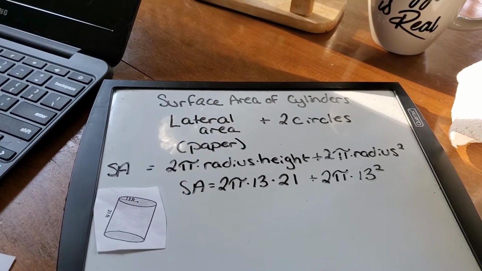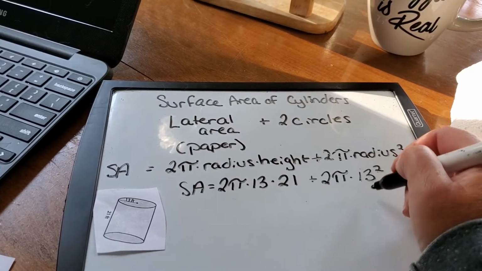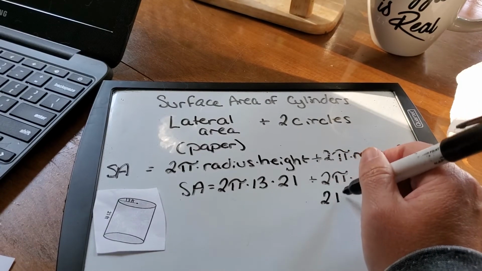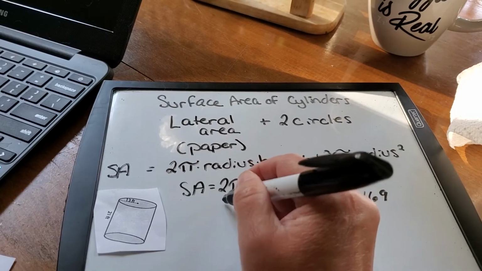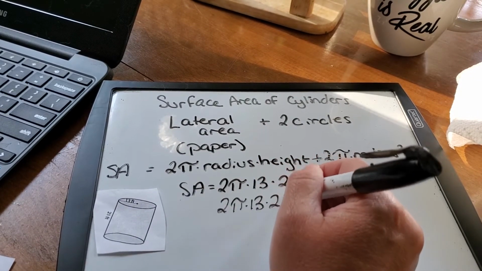That's the hardest part. Now you just start doing your math. Exponents before multiplication. 13 squared is 169. So this is 2 times pi times 169 plus 2 times pi times 13 times 21.